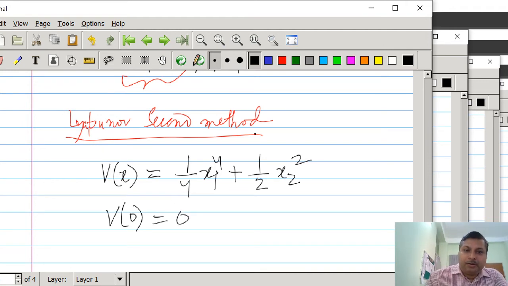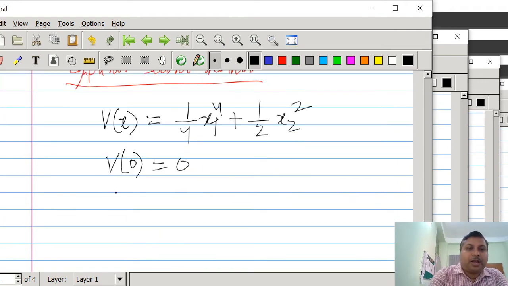And also the method I have shown to test whether this function is positive definite or not, meaning V x is greater than 0 or not, that also you can test. So basically the V x we have chosen is 1/4 x1 to the power 4 plus half x2 square. Suppose it is given to you; for the time being just assume that it is given to you.